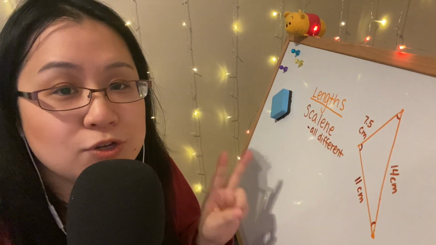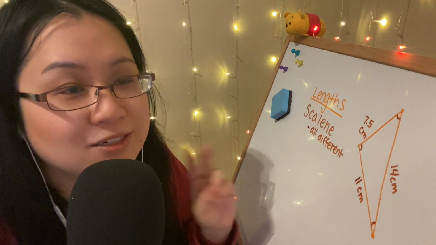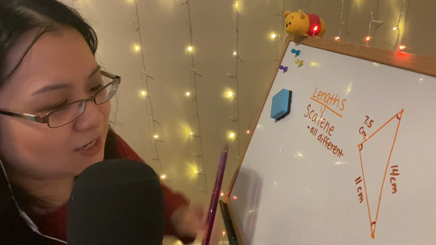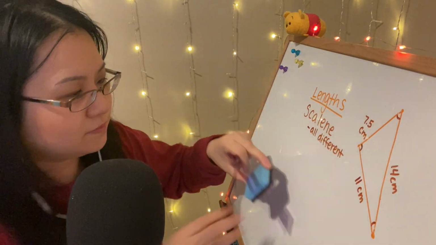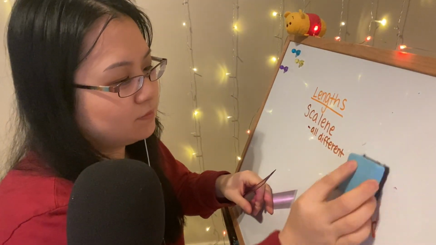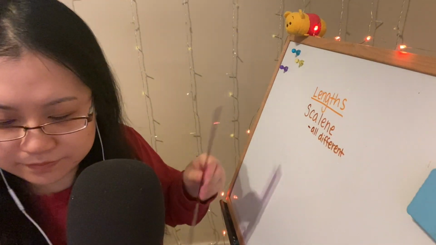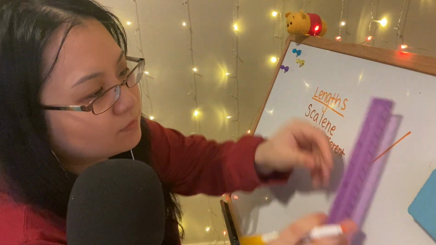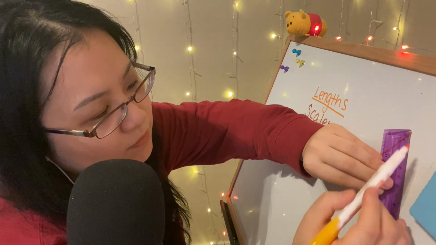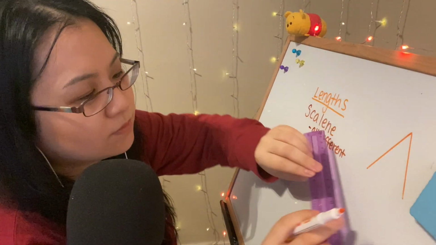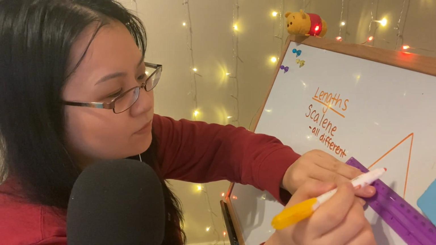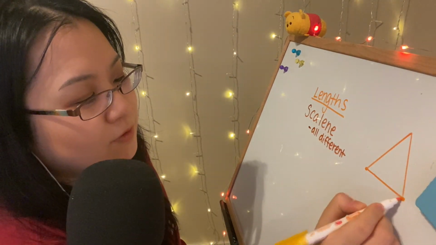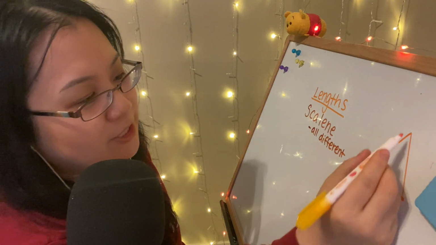If we have two that are the same, and technically at least two, but we'll get into that. If we have two lengths, let's say, like so. 1, 2, 3.